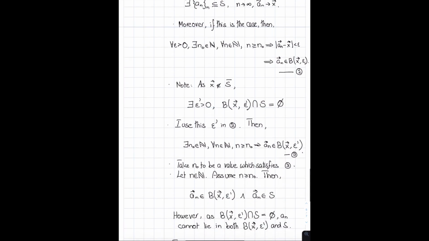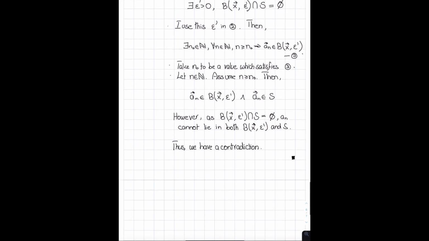And we have a contradiction. We know then that X must be an element of the closure of S. So yep, that completes the proof.